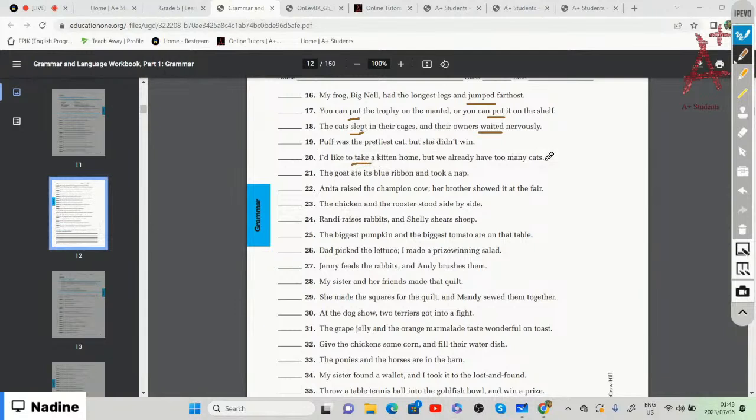"The goat ate its blue ribbon and took a nap." There are two verbs within that sentence, so we need to choose the verbs.